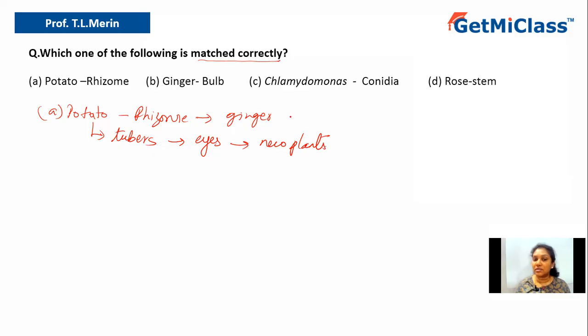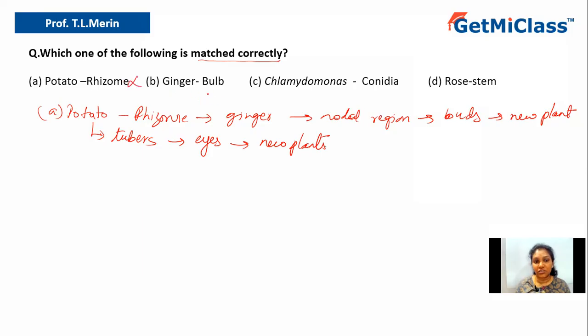The nodal region will give rise to buds, and buds will form a new plant. That is how rhizomes are used for the production of vegetative plants in case of ginger, not in potato. Hence, option A is not a correct match.